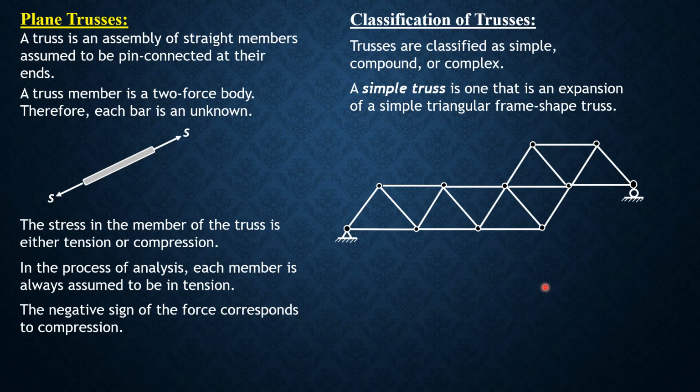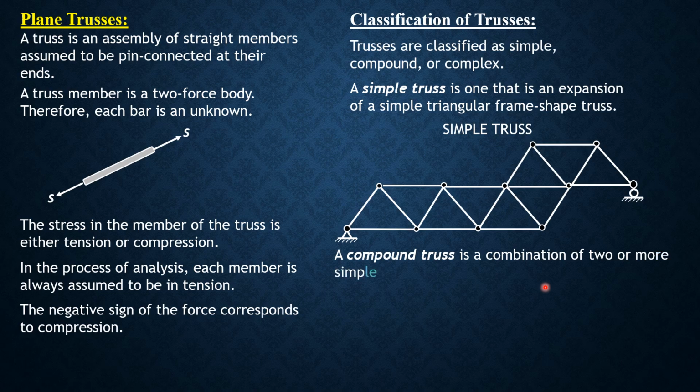While when two or more simple trusses are joined together by joining them at a common joint and adding one additional bar, or joining them at three joints and adding three members, then the truss is called compound.